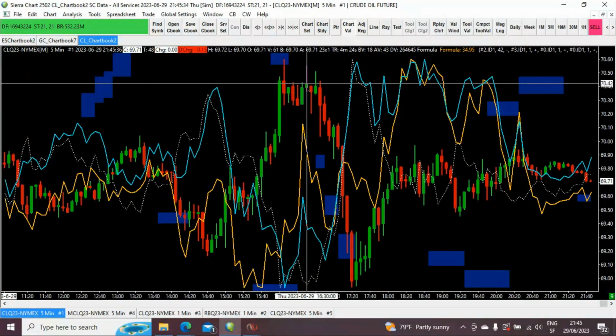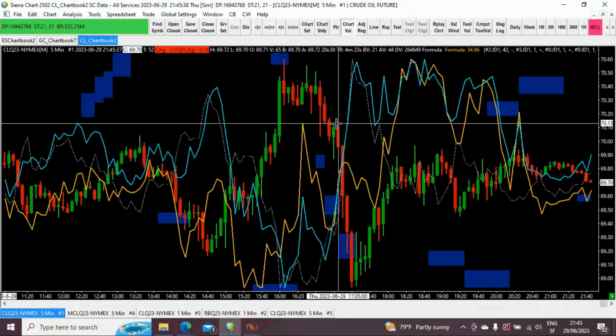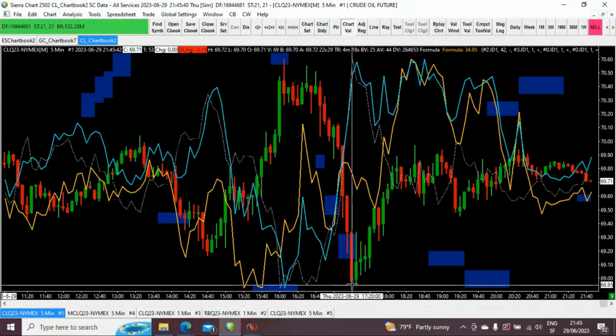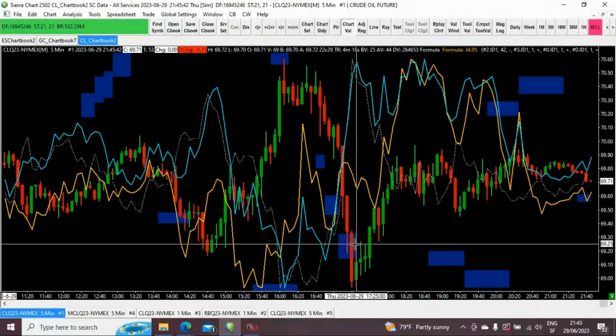But at this sort of price level, there's a very good chance that price is about to go down, and indeed it does. So that's a pretty simple technique for trading CL. And if you put your other indicators on there just to get some good confirmation that you're about to trade in the right direction, then these can work out pretty well.